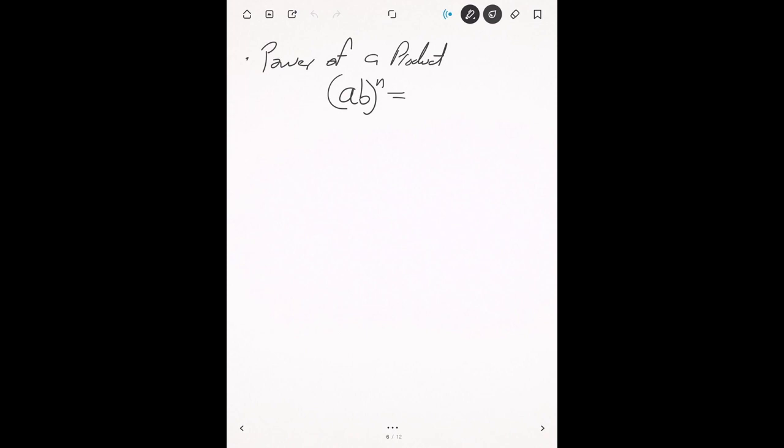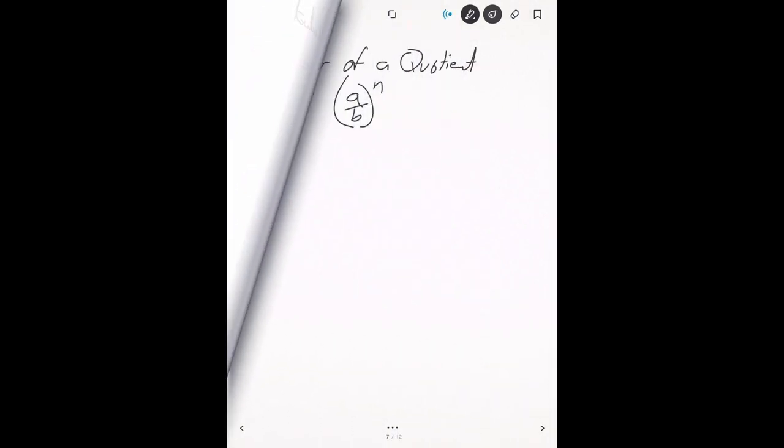I'm going to recommend that when you come up with a shortcut, start by taking an easy problem. For example, here I'm working with power of a product. Let's take 4x cubed squared. What I want you to do is put that in expanded form and, once you get your final answer, see if you can come up with what that shortcut is supposed to be.